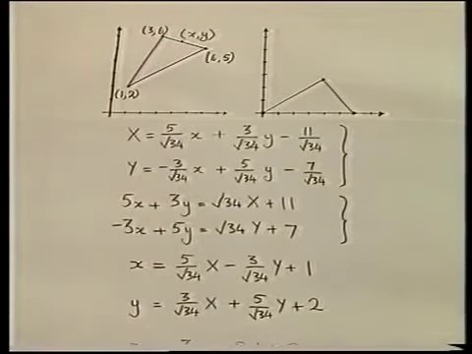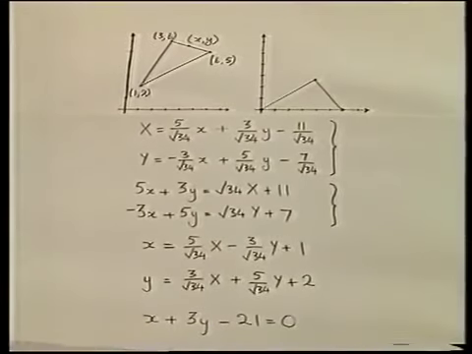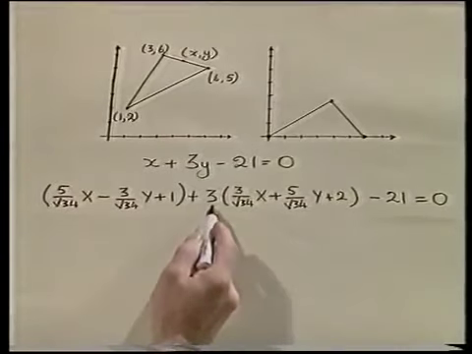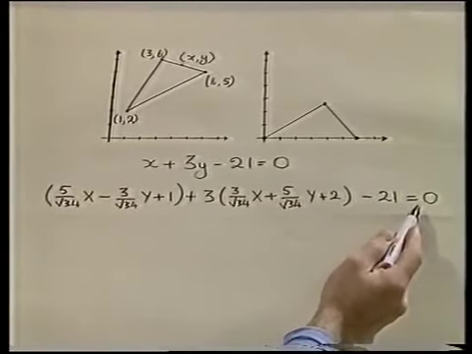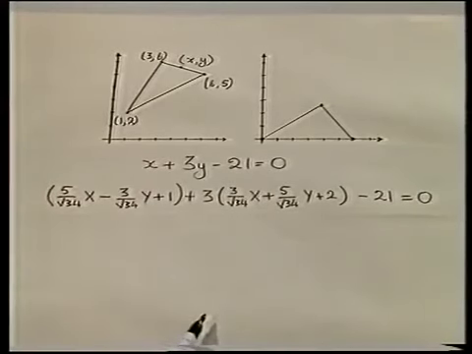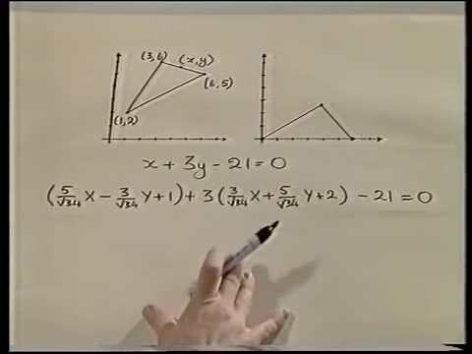That is, in this equation, x plus 3y minus 21 equals 0. Now, if I do that substitution in this equation, I'll get the following. X plus 3y minus 21 equals 0, which is an equation connecting capital X and capital Y. And collecting up all the terms, I get this.